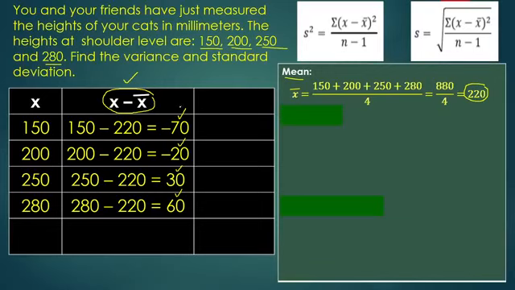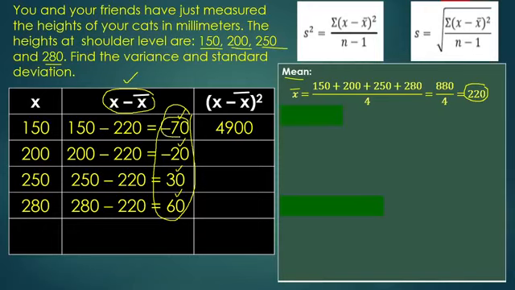Now, what is the next thing to do? You square the deviations. Katong resulting nyo sa column number 2, kini siya, square these numbers. So what is negative 70 squared? Negative 70 times negative 70. Okay, that's 4,900. Again, how did I get this? I simply squared negative 70.